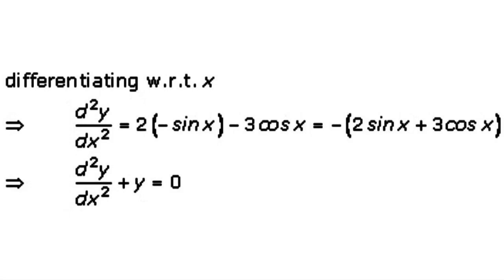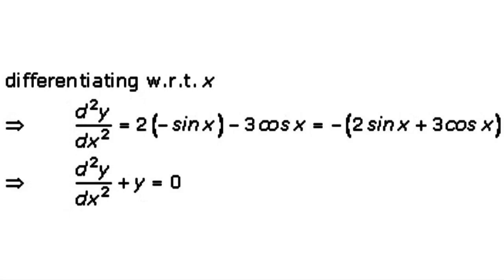Now we are going to simplify. So if we observe, in both terms minus is common, so take it outside. So we will get minus inside the bracket 2 into sin x plus 3 into cos x. Now look at your given question, which was y equals to 2 into sin x plus 3 into cos x.